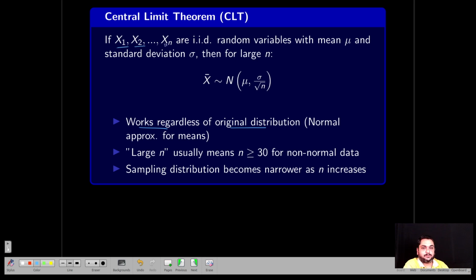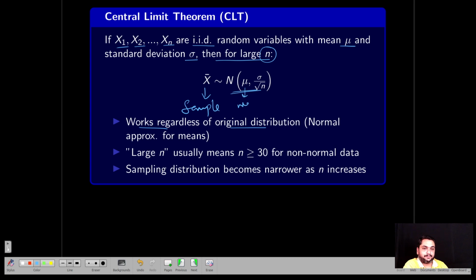Let x1, x2 up to xn be IID. IID means independent and identically distributed random variables. In the next slide, I'll come to that. With mean mu and standard deviation sigma, then for large n, the sample size, the x bar, that is the sample mean, is normally distributed with these parameters.